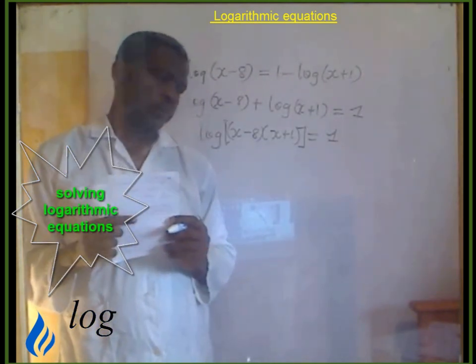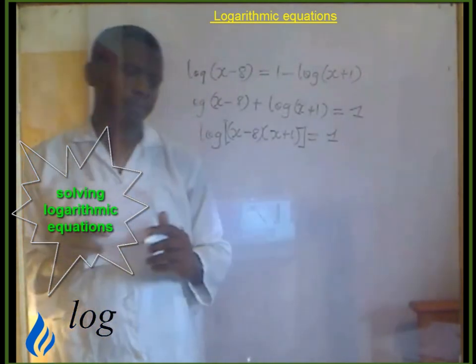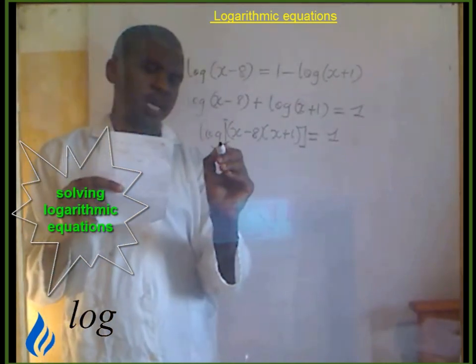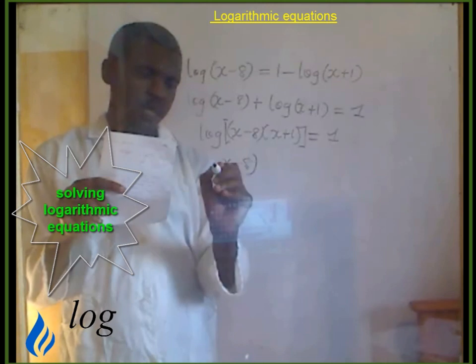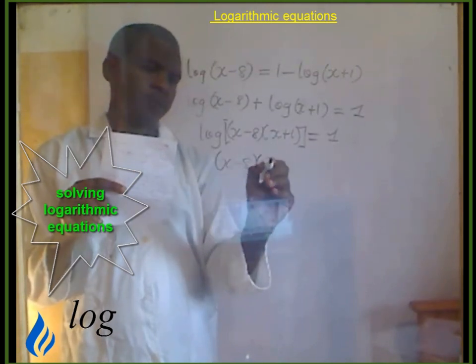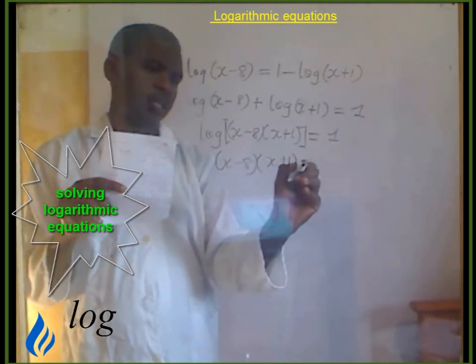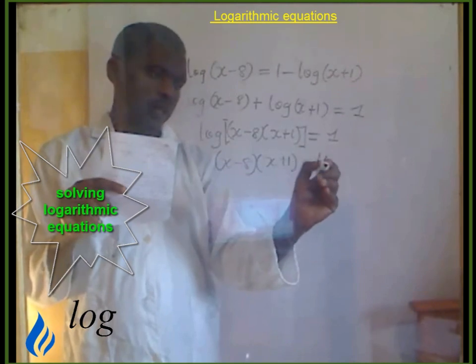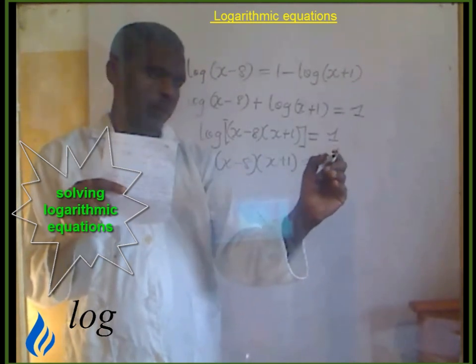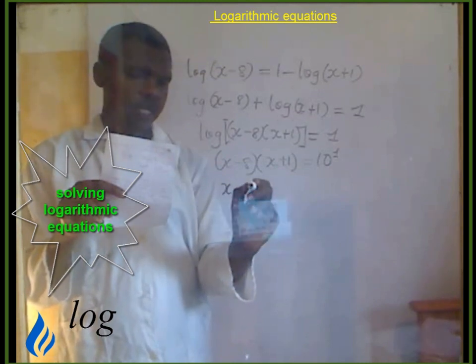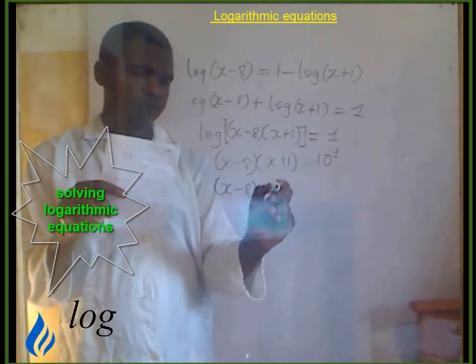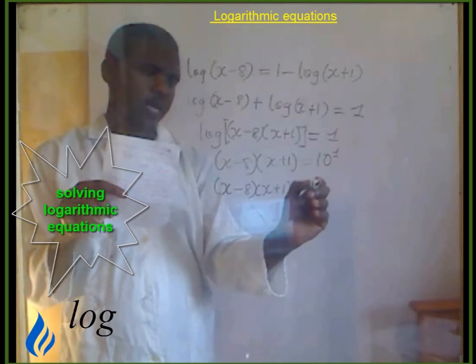Now I have to change this into index form. Our base there is base 10. This will give us x minus 8 factor of x plus 1 is equal to 10 raised to the power 1. So x minus 8 factor of x plus 1 is equal to 10.